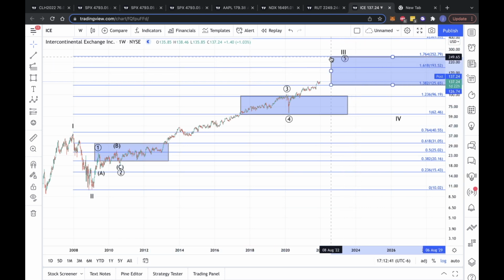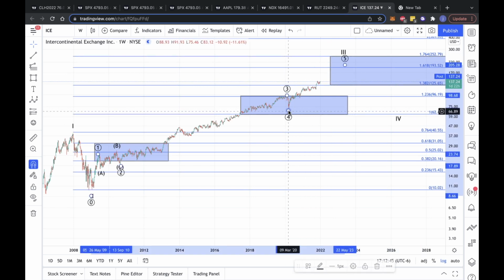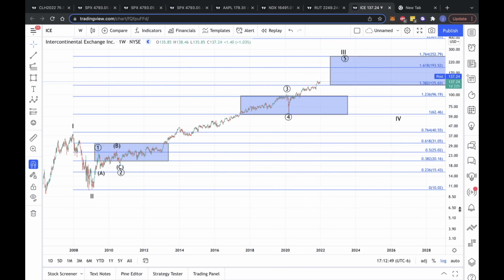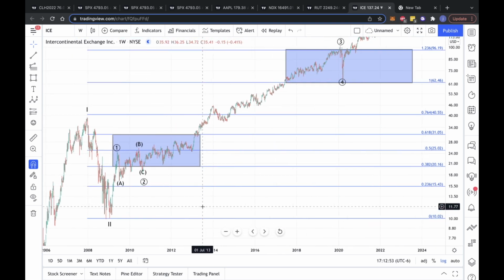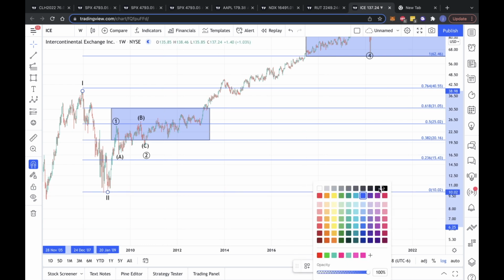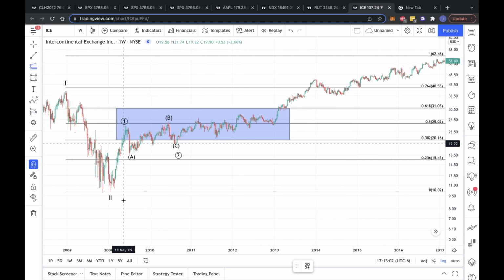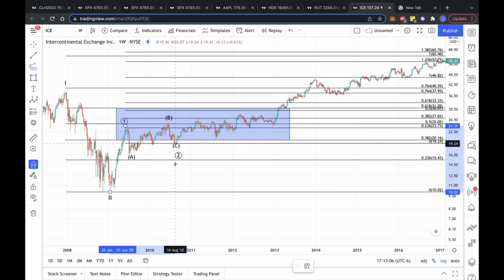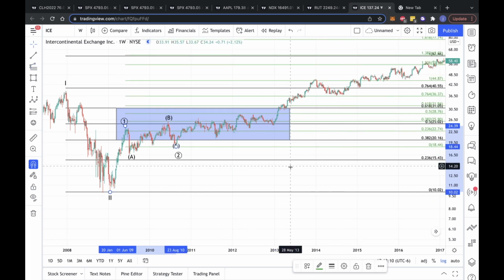Possibly we'd have to zoom into the count off of the March low of last year to see where the 1, 2 of the 5th wave projects. But the broader strokes here, this looks pretty good. We can probably fill in some of the smaller degree here as well. So off of this 1, 2, we have wave 1, we'll do this in a different color here.